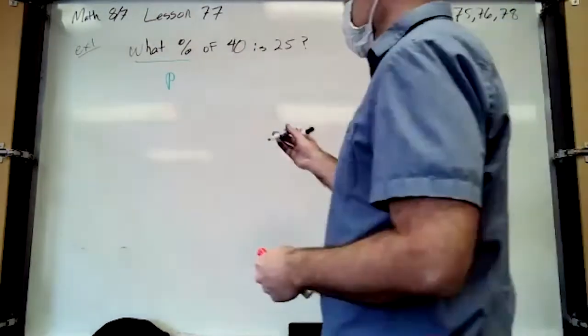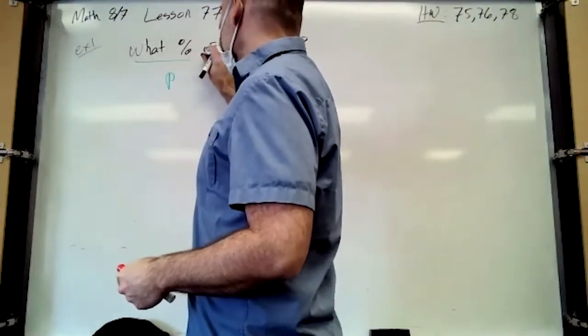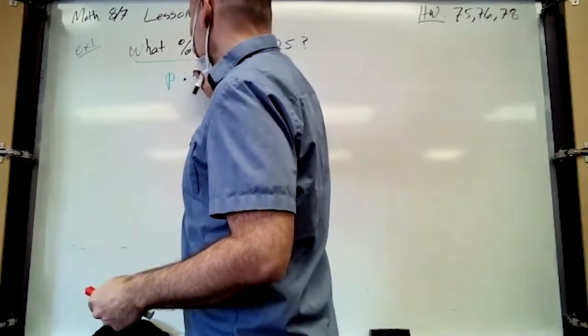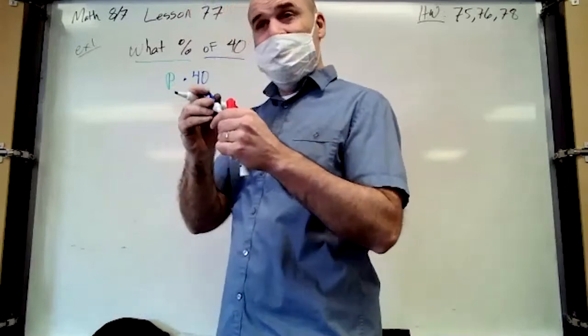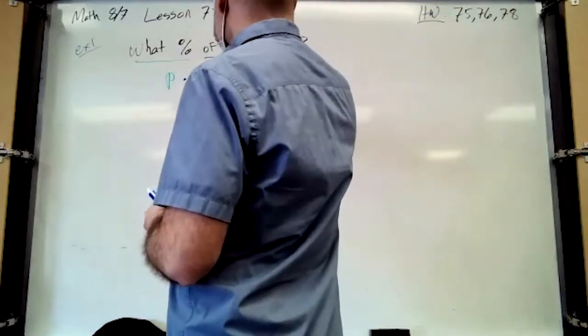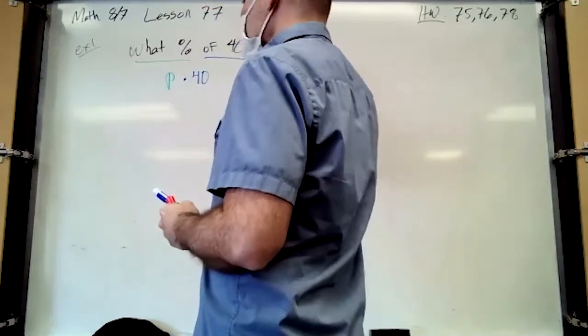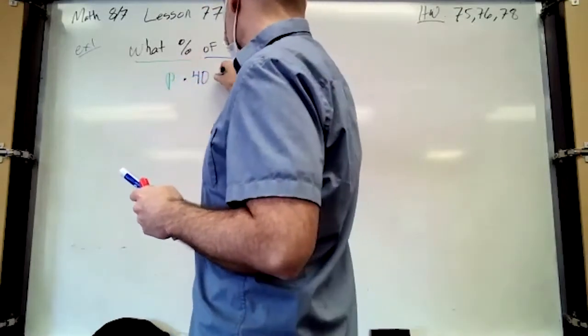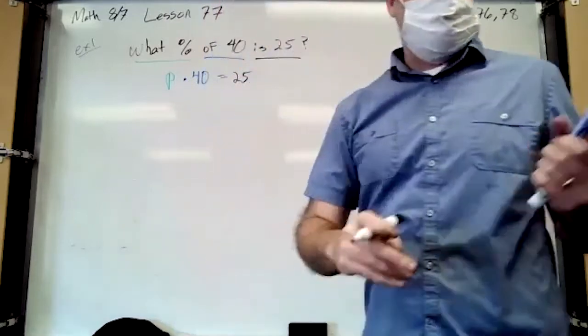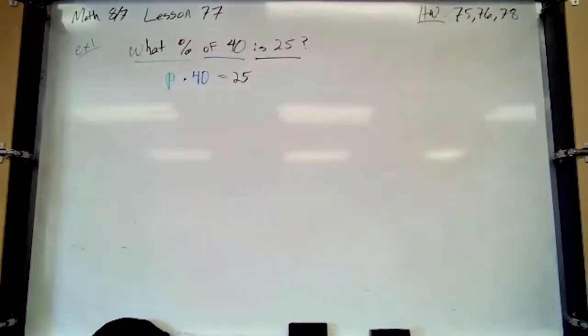Multiplication. So of 40 means times 40. Then how do you say is in math? Equals. So is 25 is equals 25. All right, we didn't do any math. We just translated this, okay?